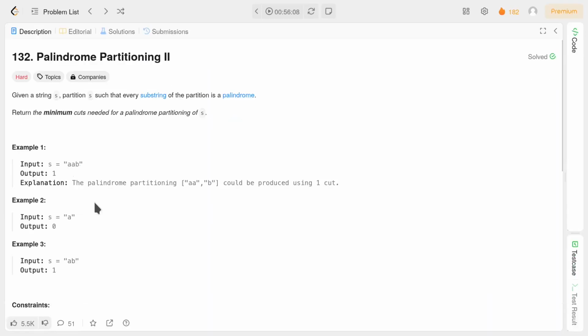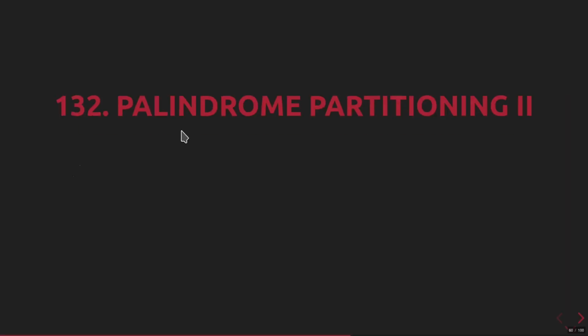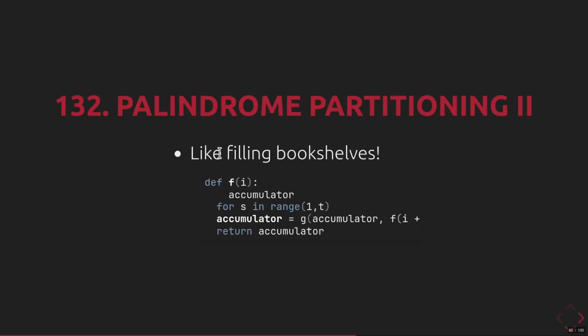What kind of pattern should we pick here? Well, I like to see this as very similar to filling bookshelves. We have an accumulator, and then based off of something that happens, we try to increase our existing partition as part of our subproblem, while then being able to optimize over a future partition and combine it with our current subproblem, right?